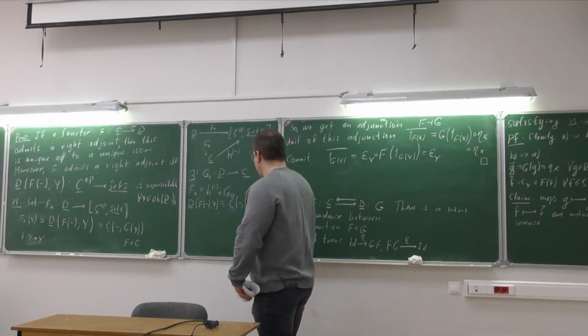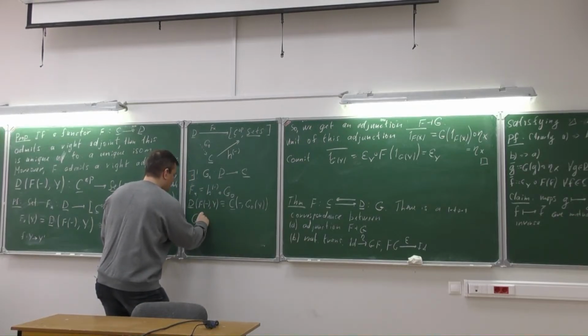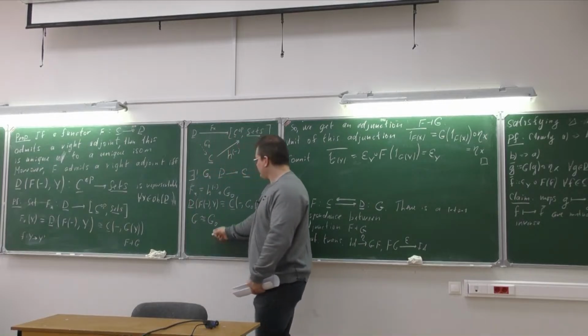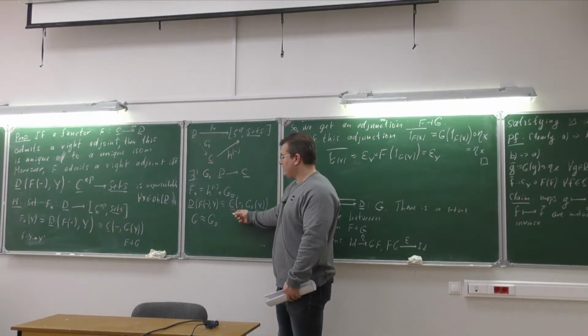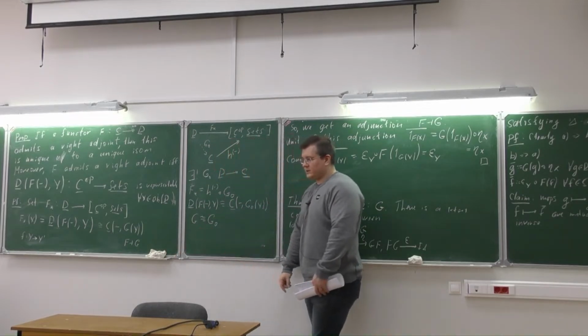But now I claim that actually G is isomorphic to G0. Do you see how I can conclude that from this formula and maybe also that formula, I can claim that the two functors are the same?